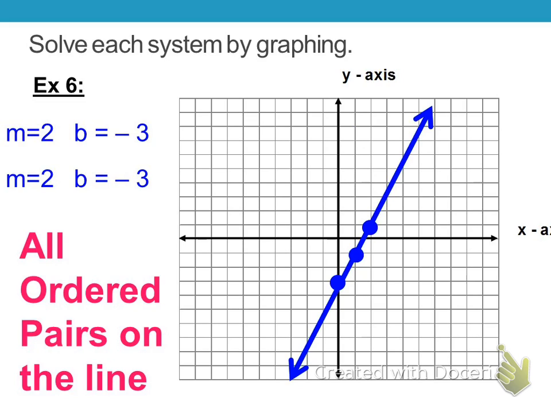Some students mistakenly say all real numbers. That's not true. It's not any combination that works. It's any combination of two numbers that represent ordered pairs that are on the line. Okay? So all ordered pairs on the line are our solutions. What are your questions?